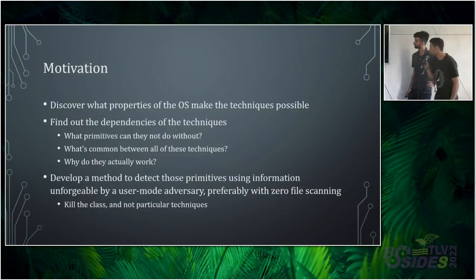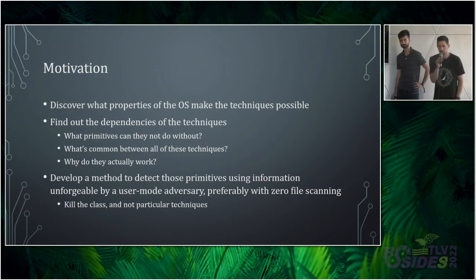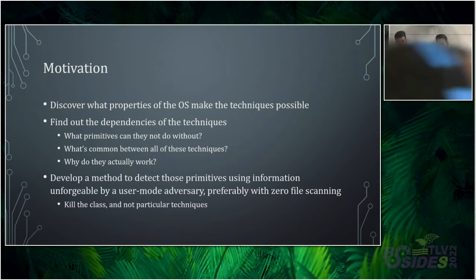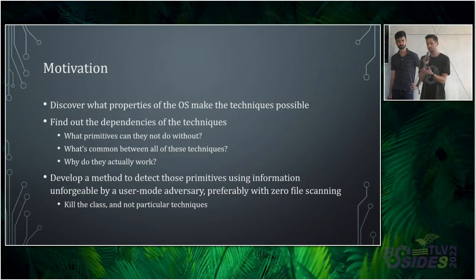So let's talk about our motivation for this session. We've seen all those kinds of techniques, and we want to understand which OS properties make them work. Because if you think about it, it's a process, and it has a backing file which is completely different from its memory, which doesn't make a lot of sense, right?